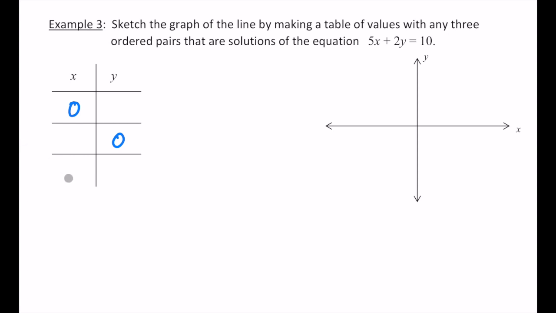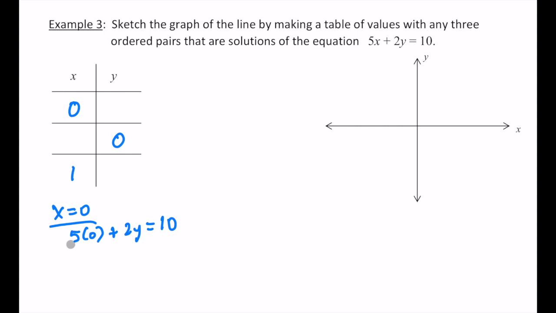And then we'll need to pick a different number to plug in for either x or y for the third row. Why don't we use an x value of 1? Now we can complete this table. Let's start with the first ordered pair and substitute an x value of 0.